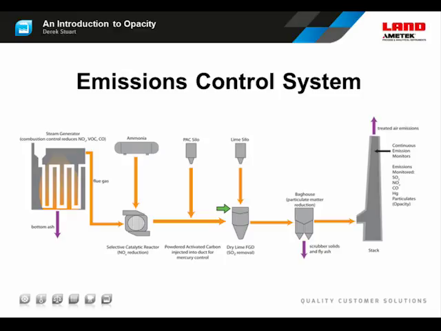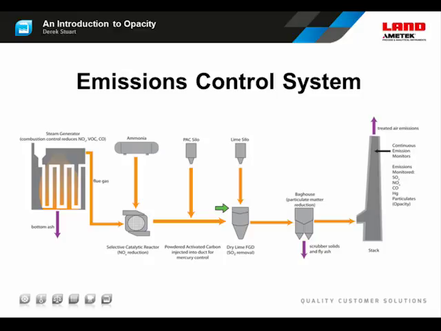Then we remove the sulfur dioxide. SO2 is the leading cause of acid rain, and sulfur dioxide is removed either by wet or dry scrubbing, where the flue gases are passed over either dry lime or a slurry of lime and water.